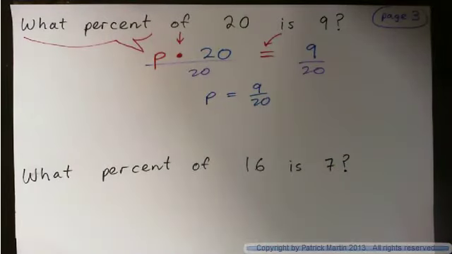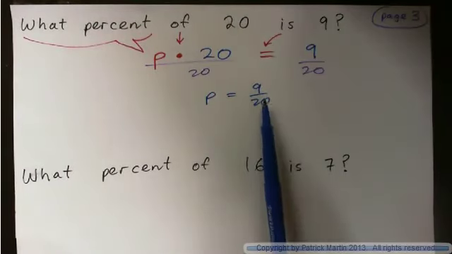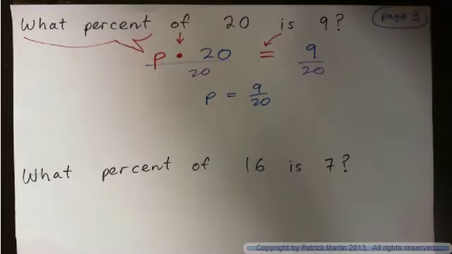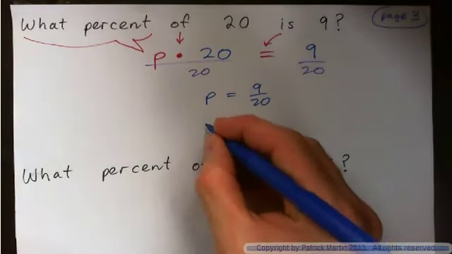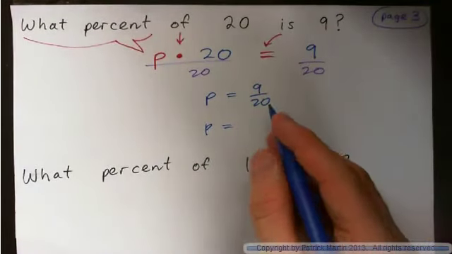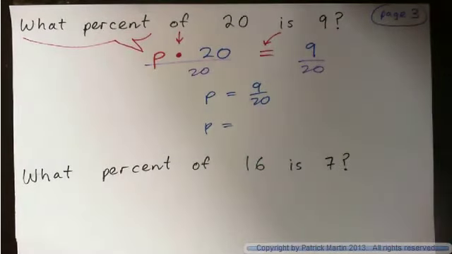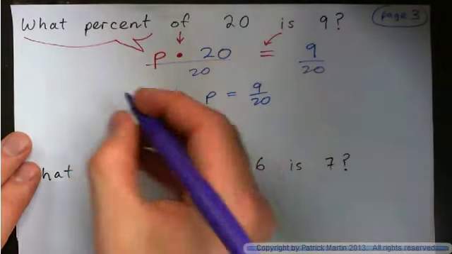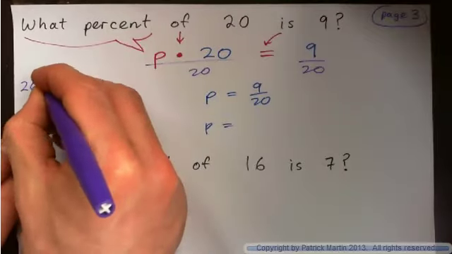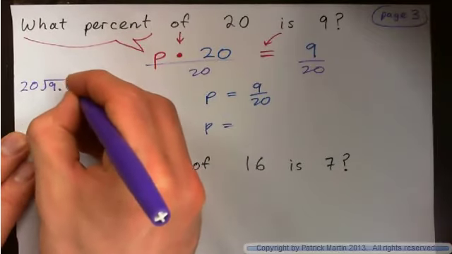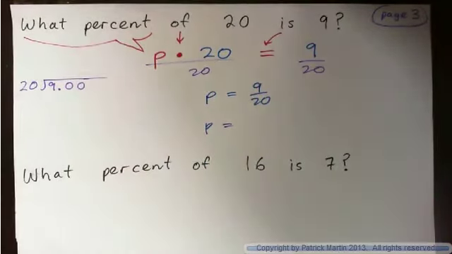What we want is the answer in percent form. Okay? So we've got to turn this fraction into a percentage. So go ahead and do that. Well, let's see. It's 9 over 20, so you got to go 20 into 9, and let's stick a bunch of zeros there, right? See what you come up with.